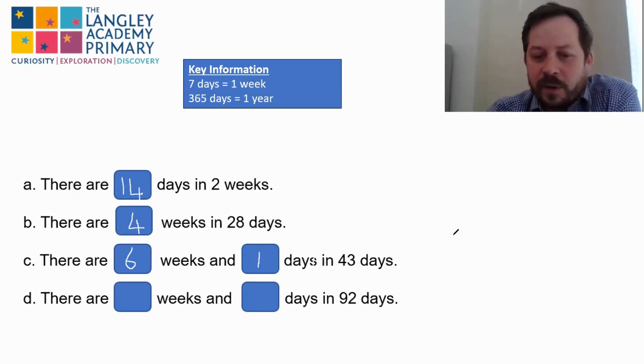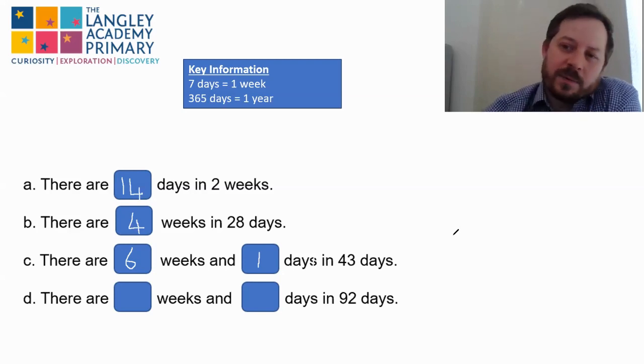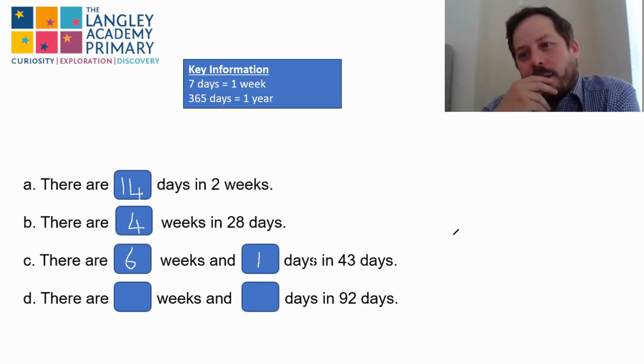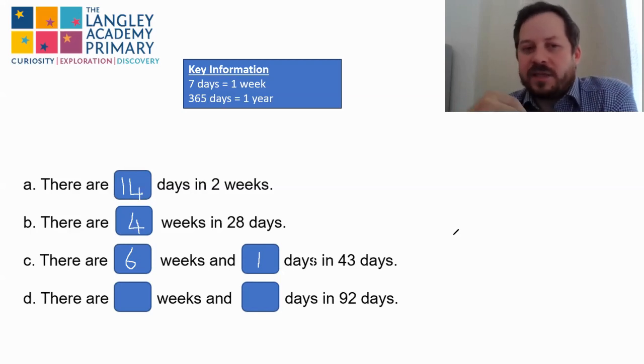Then it says there are how many weeks and how many days in 92 days. So once again, we have to think about how many 7s we can fit into 92 and how many would be left over. So the first thing we do is okay, I know that 10 lots of 7 is 70. That fits into 92, so I can definitely have 10.